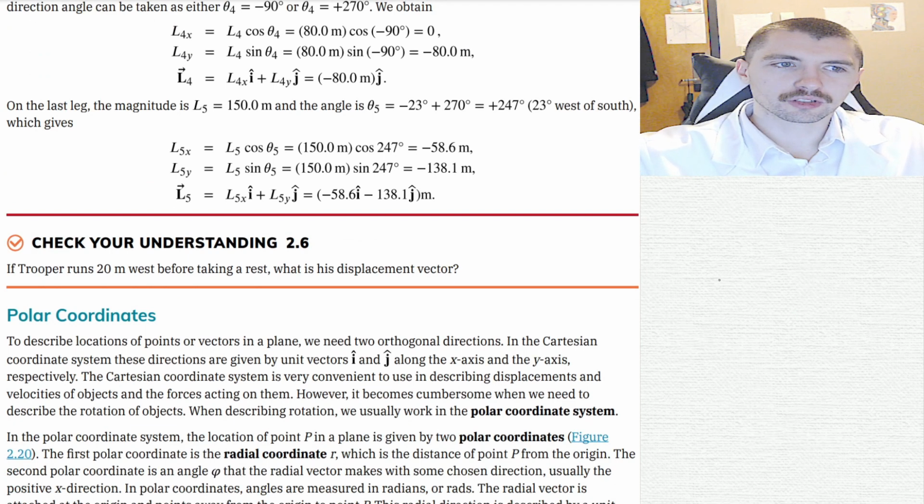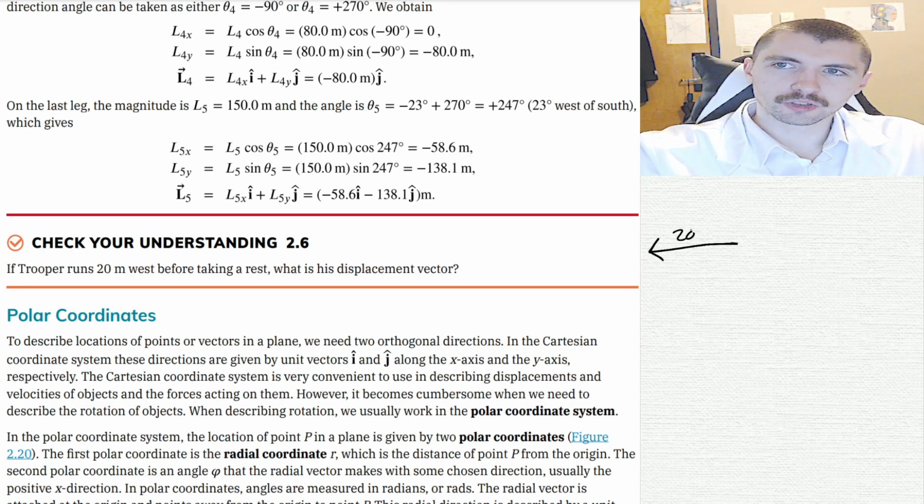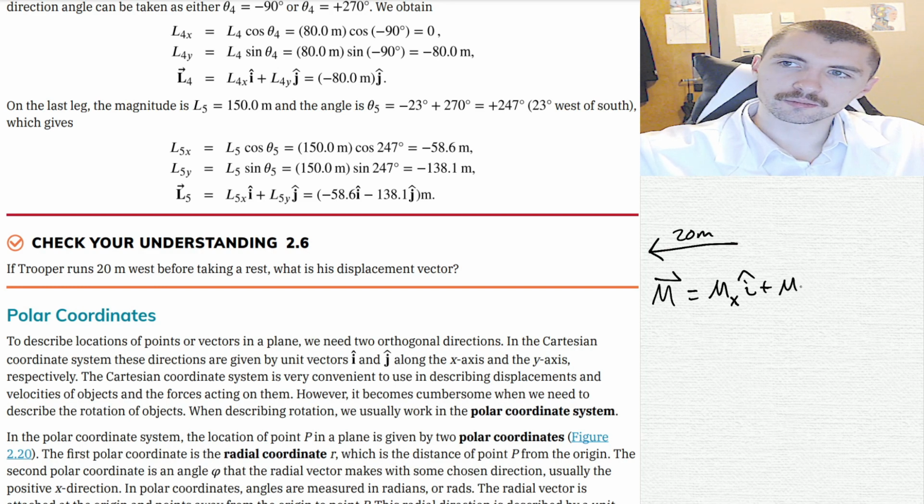Okay, so let's try this. If he runs 20 meters west, 20 meters, so what's his displacement vector? So this move is going to be the magnitude of the x times i hat plus magnitude of the y times j hat.